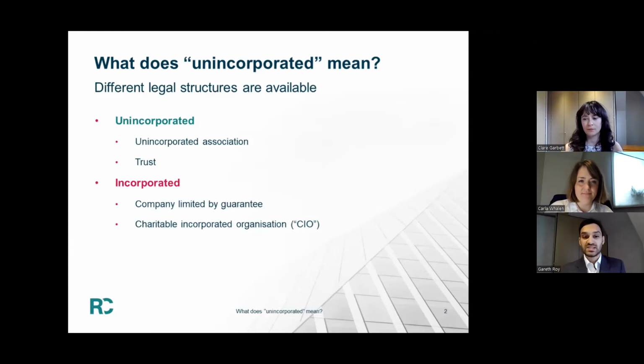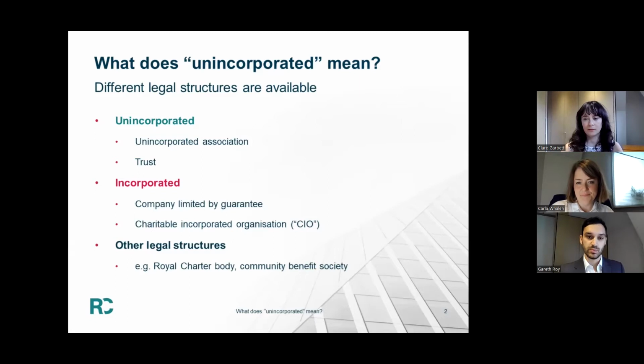Even in a worst case scenario, if the charity didn't have sufficient assets to meet a liability, it could go through an insolvency process and the trustees would be protected. So that's the main reason why charities look to incorporate. And I just wanted to mention that there are some other legal structures available to charities too, but they're less common, so we're not going to cover those here.